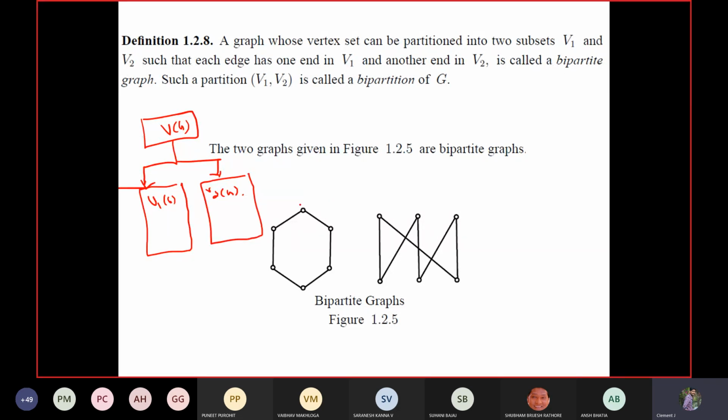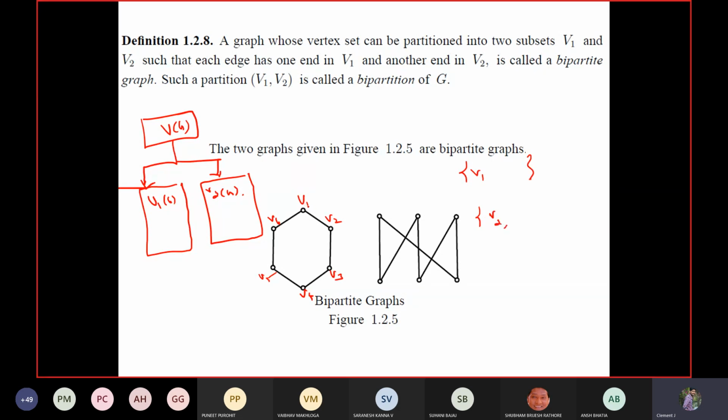Okay, so for example, if I consider this as V1, V2, V3, V4, V5, V6, I should split this. I can check whether it can be a bipartite graph or not. I need to split it into two sets of vertices, like one set as V1. If I put V1, the other end should be placed in the other set.